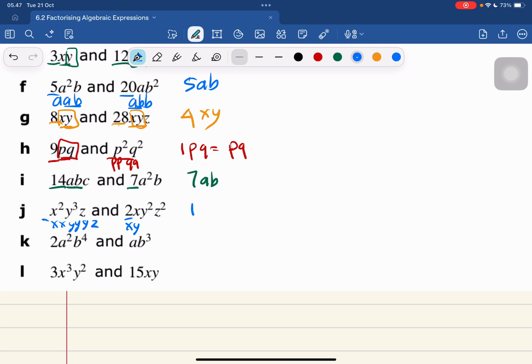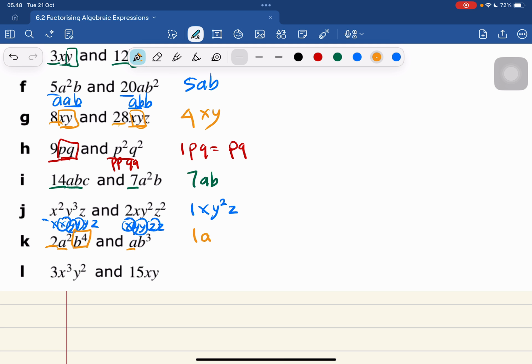So this is 1, and then we've got xyz. Here xyz. So the highest common factor is xy squared and then z. Then 2 and 1, so we can write 1 as the highest common factor. A to the power of 2 and a, so this is a.